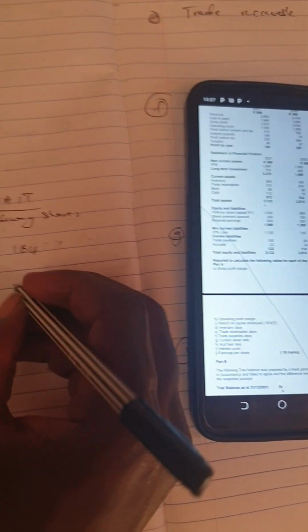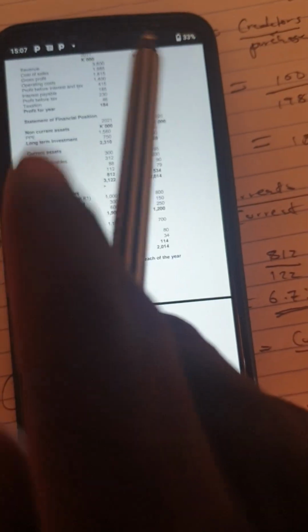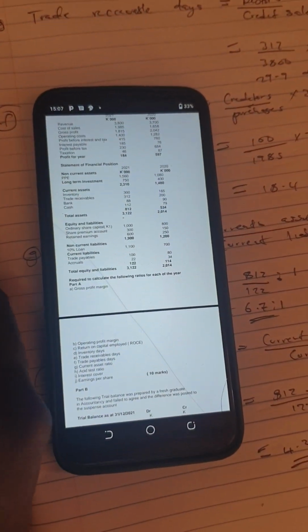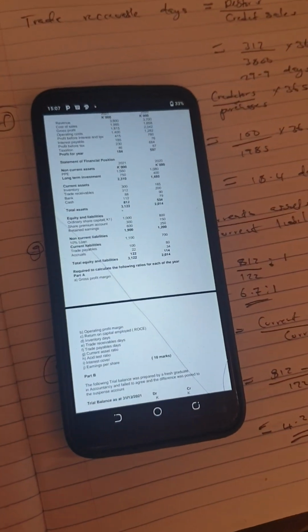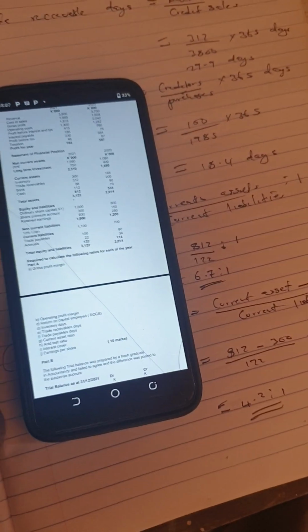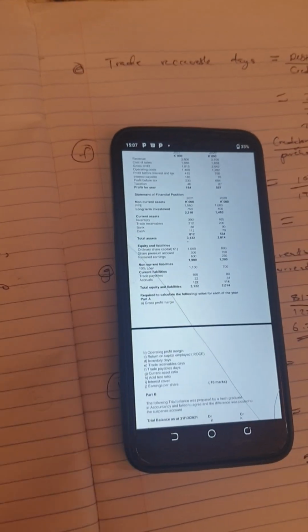So we have 184 divided by our ordinary shares. Ordinary shares was 1,000. So we have 1,000 times 100%, of course. So this is simply 18.4%. So we're done with question E.